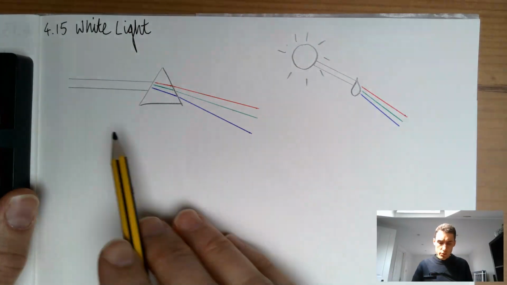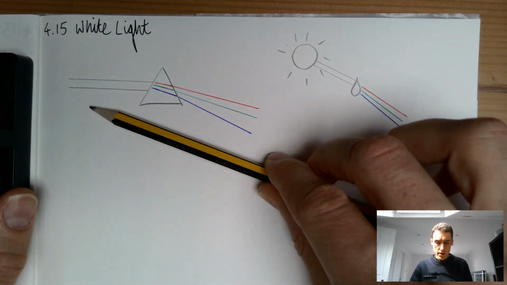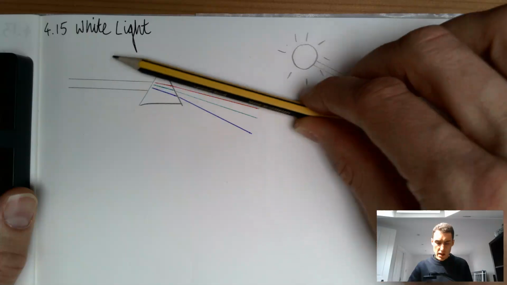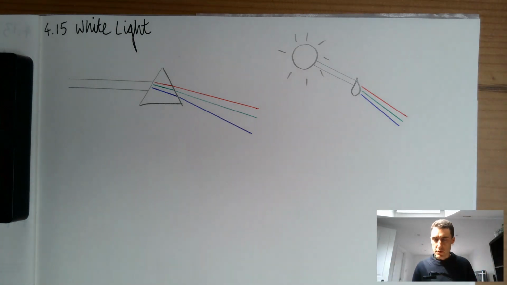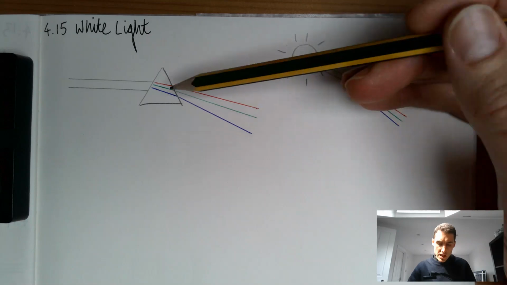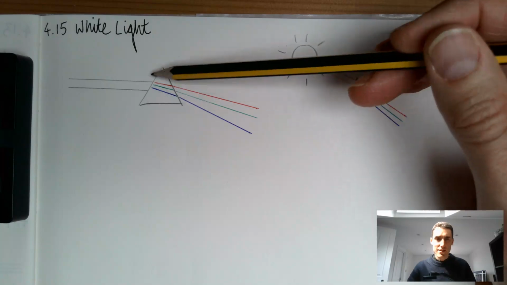So the first diagram that we drew in the previous video that I made on this lesson was something like this. Now, the way this had been explained, before Newton's time, was that the reason this happened must be to do with impurities that you have in the glass.